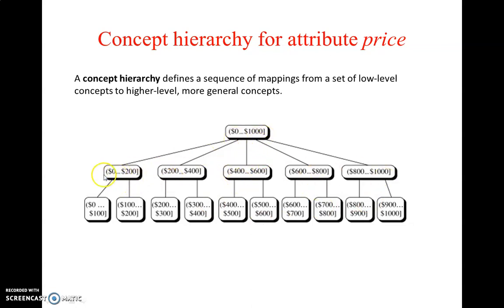So you have 0 to 200, 200 to 400, 400 to 600, 600 to 800, 800 to 1000. So the low-level concept is reduced to ranges, and 0 to 200 is further reduced. This all becomes the high-level concept. So this is what a concept hierarchy is, and this is how we reduce the data.